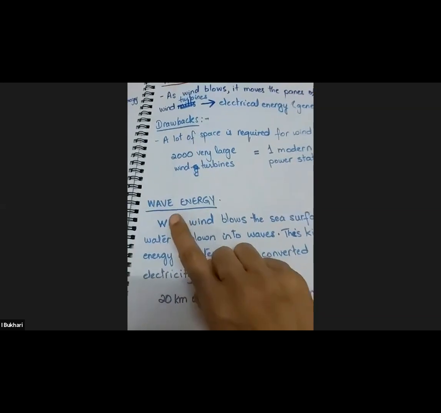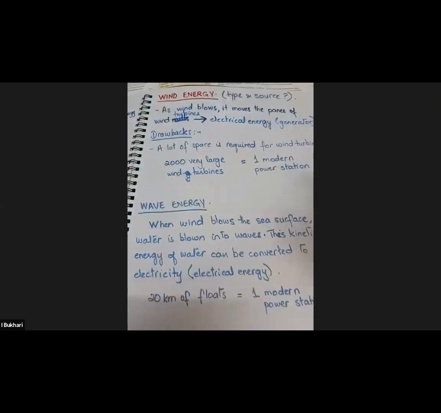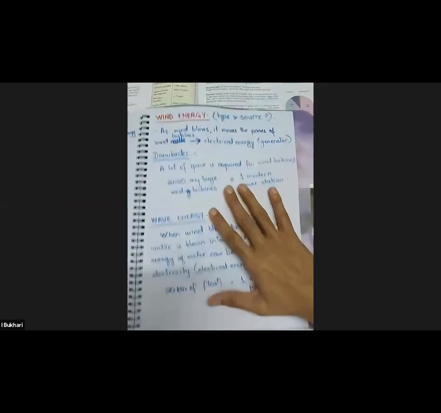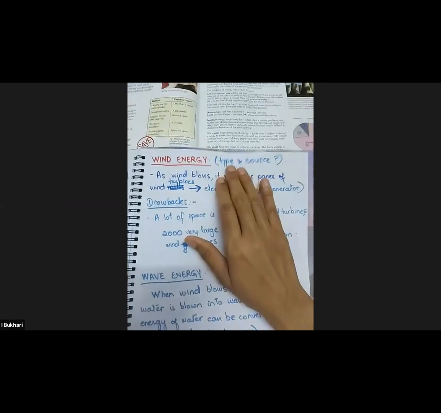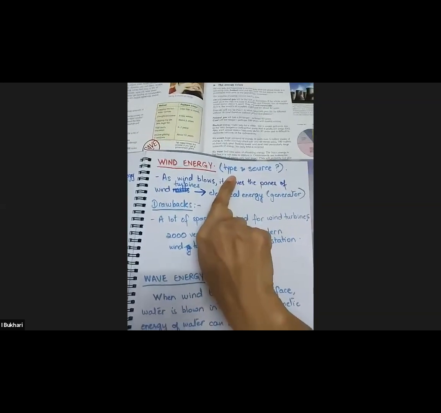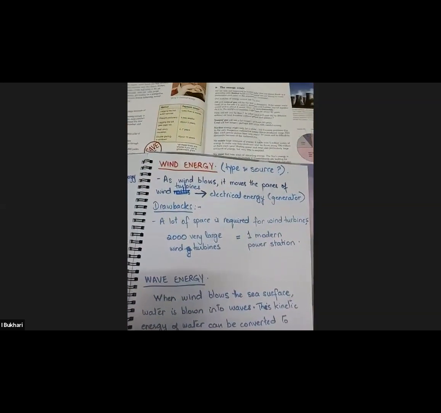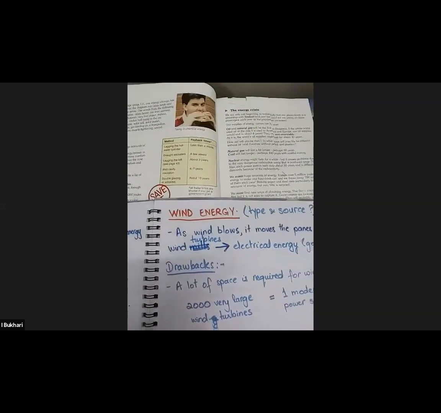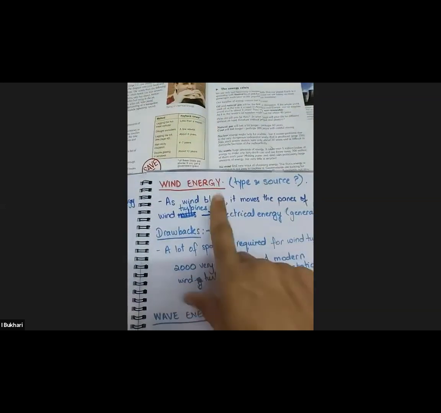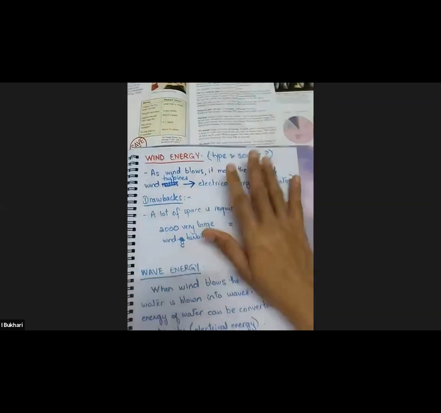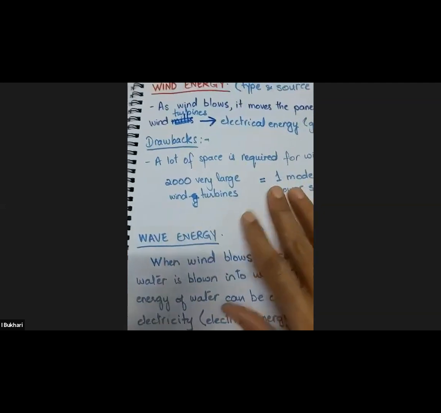Now, wave energy. Again, this is easy to understand. What was the type of energy? Kinetic energy, because we are dealing with the movement of the wind molecules. Very good, Mariam, it's kinetic.